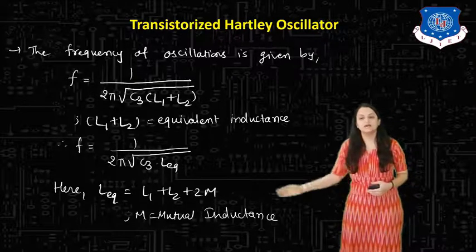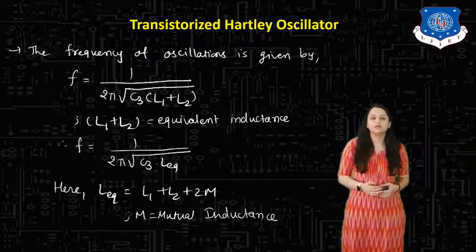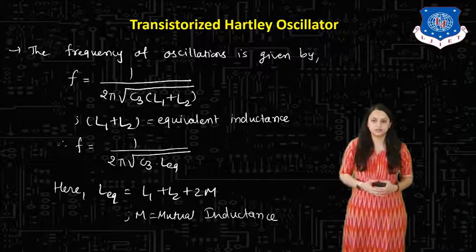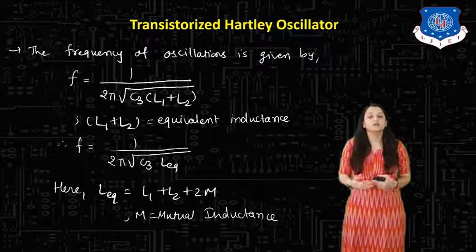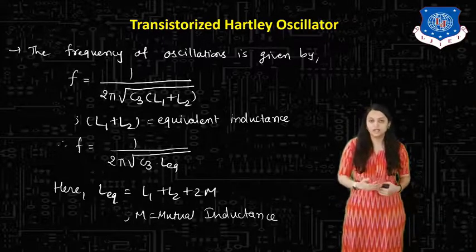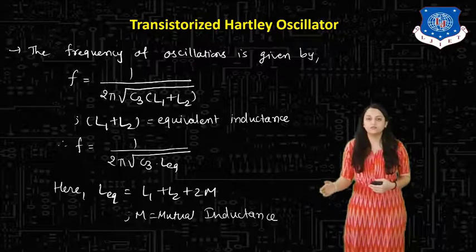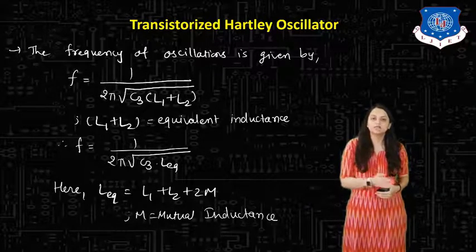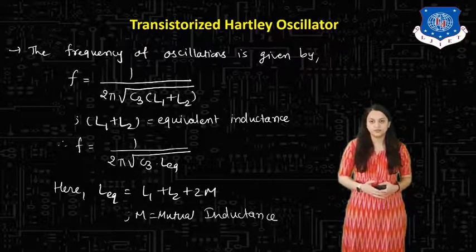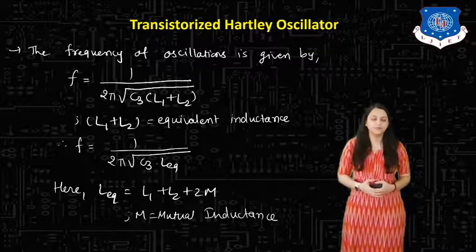So we can say that frequency f equals 1 by 2 pi square root of C3 into L equivalent. Now, if we want to consider the mutual inductance between these two inductors, then L equivalent is given as L1 plus L2 plus 2M, where M is the mutual inductance. So this is the output frequency formula.